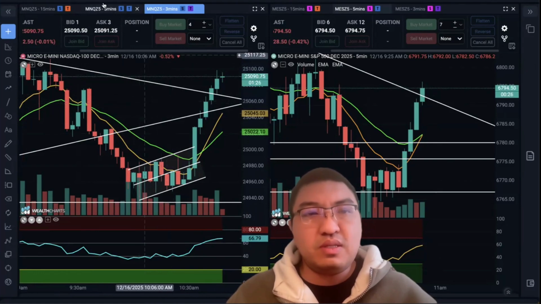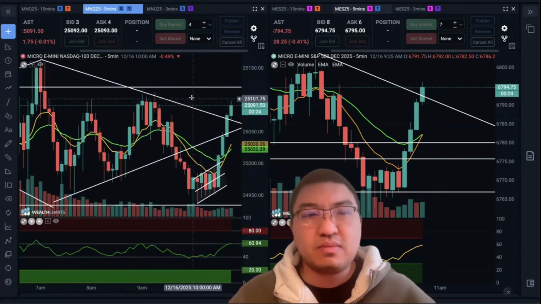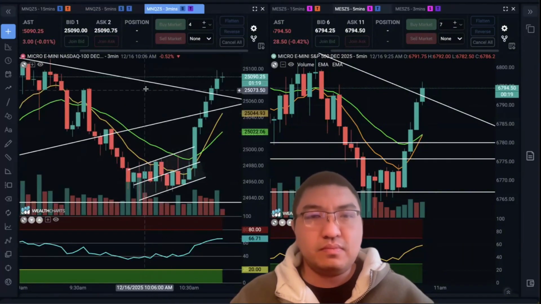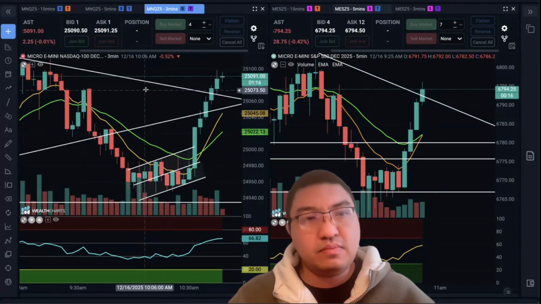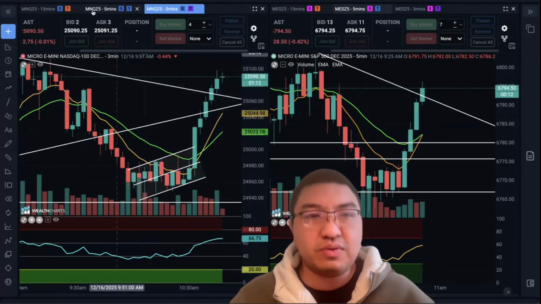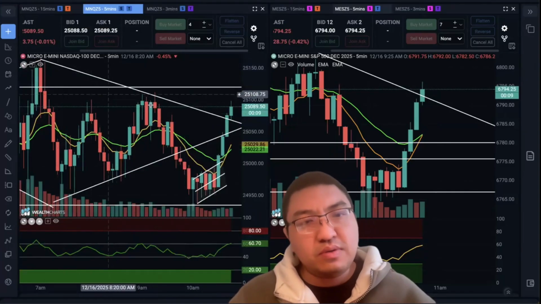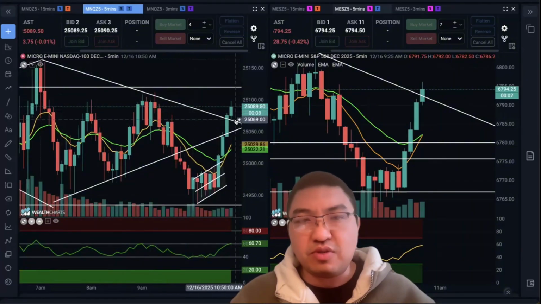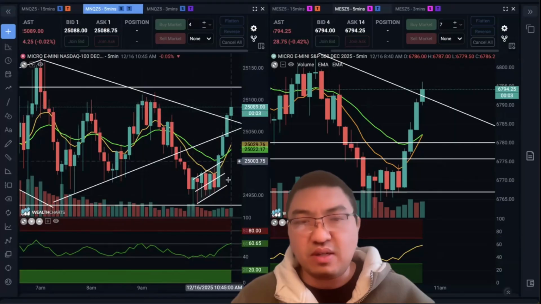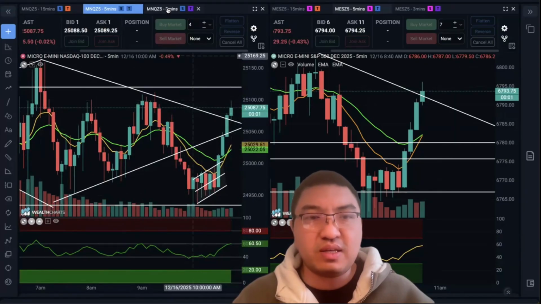Oh, some resistance here. But it already outbound the trend line. So I'm not sure if it will simply retest here and keep going up, or continue the sideways.